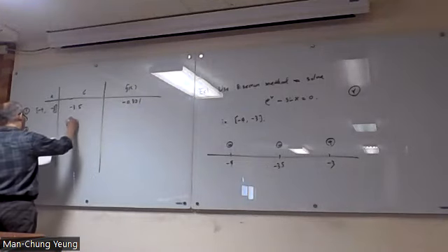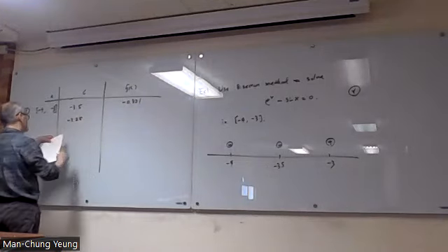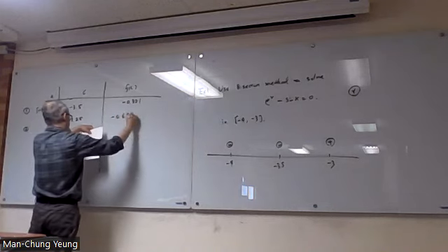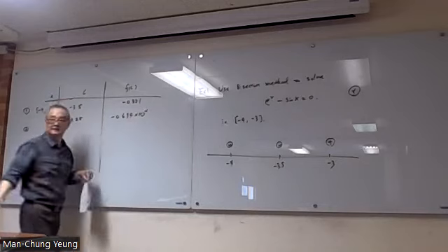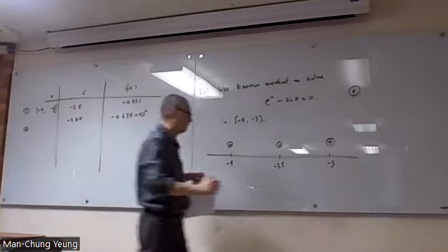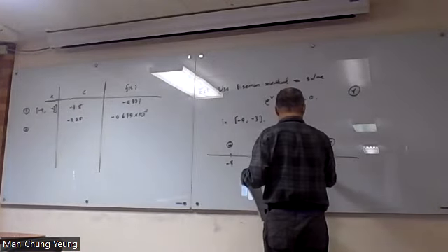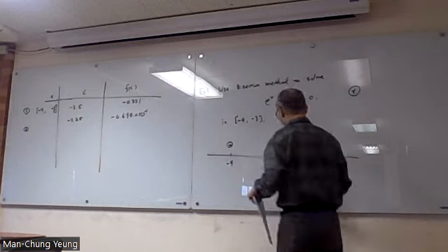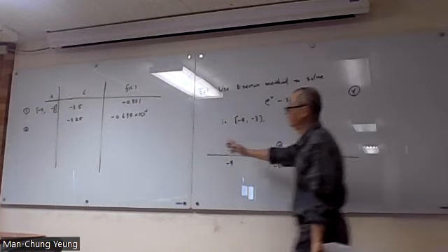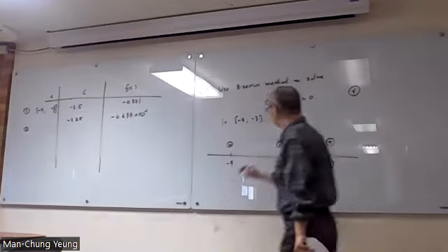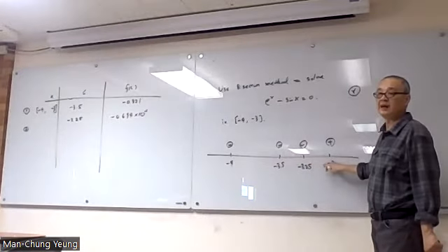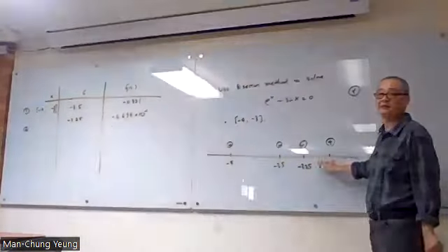Then the midpoint is 3.25. Function value is negative at 3.25. So the root is in this interval. Now step 3. Cut this interval in half.